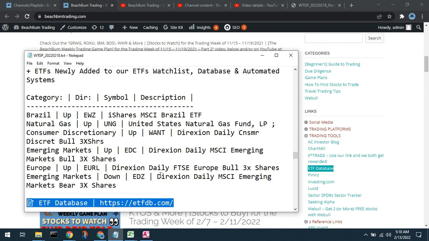You can search for ETFs under various commodities, topics, sectors, etc. And you can always find this link under the trading tools link section on our homepage at beachbumtrading.com, bum without the U. And again, that's just one of the tools that we have linked under the trading tools on our homepage for your quick and easy reference. So we hope that also helps.